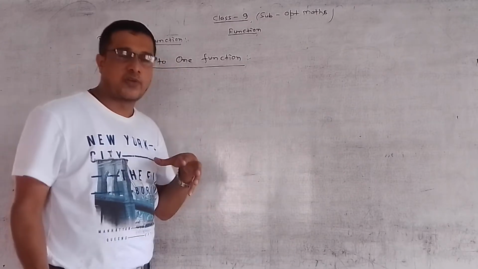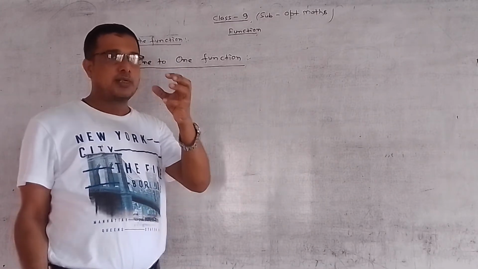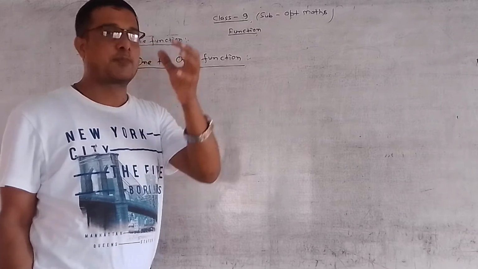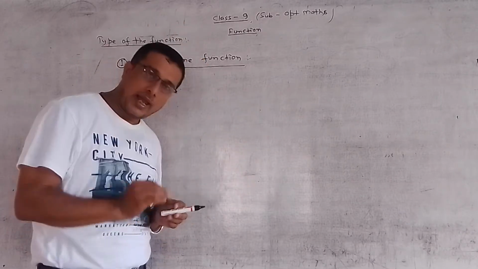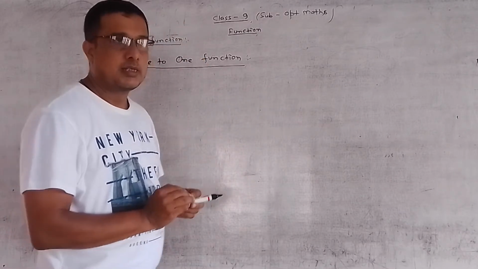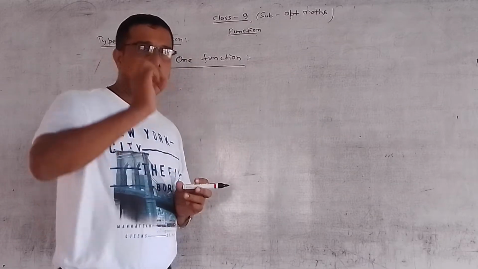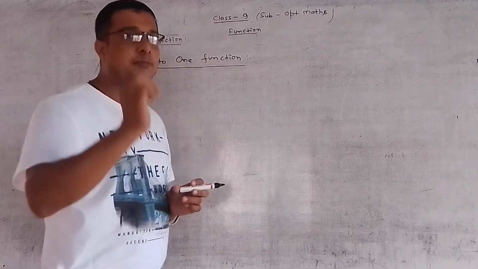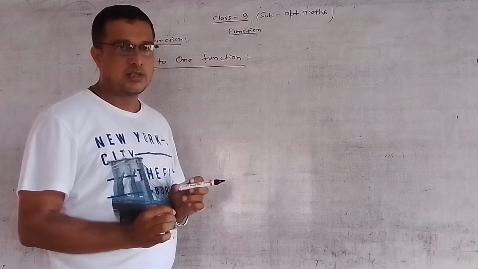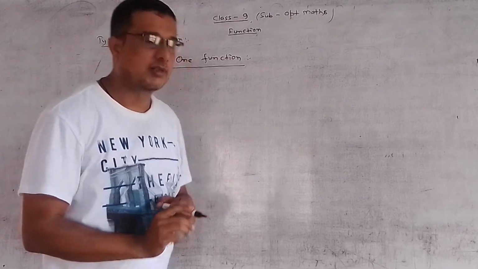How to define a one-to-one function? If each element of set A has a separate unique image in set B, it is called a one-to-one function.